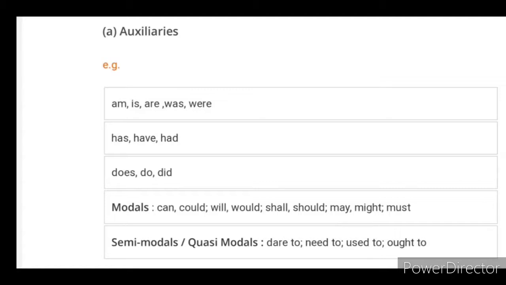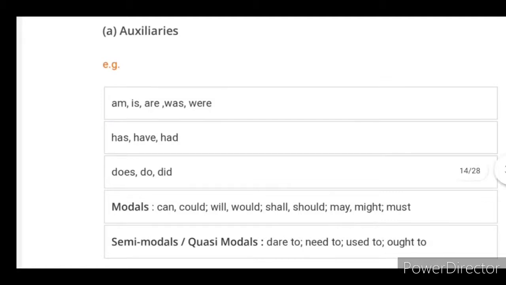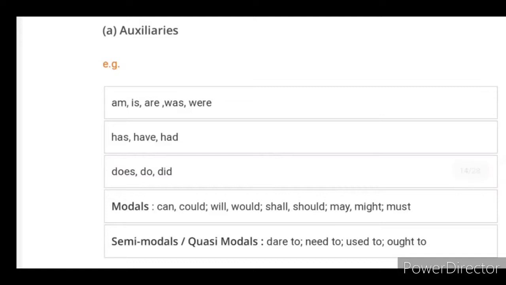Modal verbs always accompany the base form of another verb having semantic content. The modal verbs are can, could, will, would, shall, should, may, might, must.